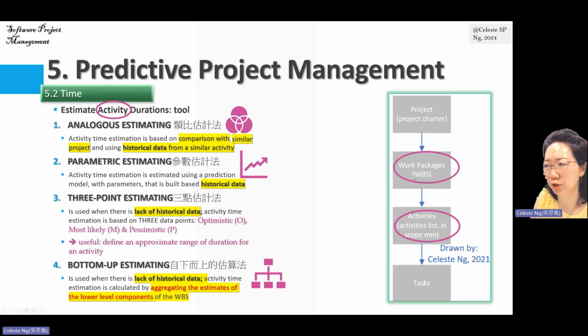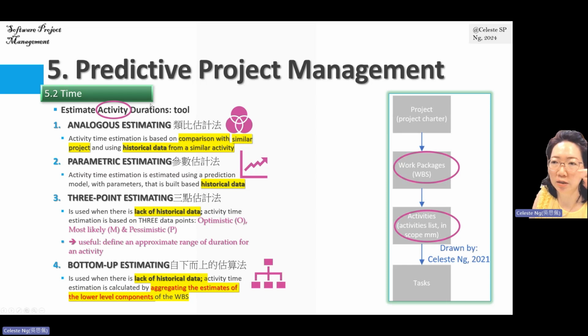So from the work breakdown structure, we have defined our tasks, right? We have defined our activities, and from those activities, we are going to use them. All right. From our scope, we have activities. From those activities, we are going to make use of them in our project time or schedule management.